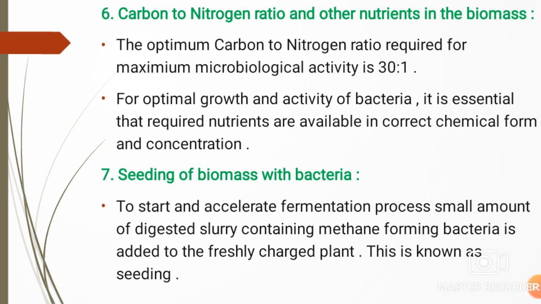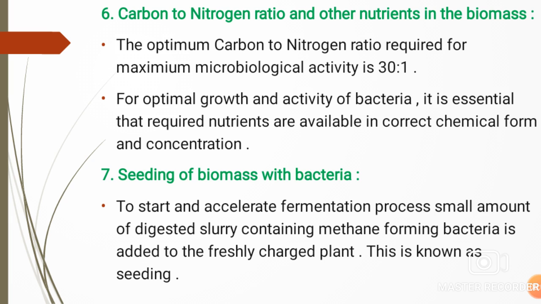For optimal growth and activity of bacteria, it is essential that the required nutrients are available in a correct chemical form and concentration. We know that there are different anaerobic bacteria, methane fermenters and acid formers. For the growth and activity of those bacteria, a very important part is the proper concentration of the nutrients available in the chemical form.